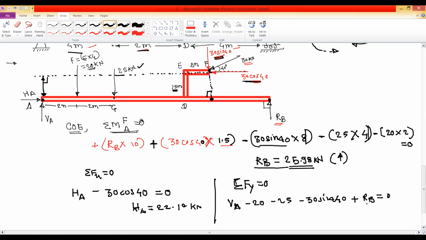So put the value of reaction Rb, that is equal to 25.98, and get the value of reaction Va. So reaction Va is 38.304 kilonewton, and it is positive. That's why reaction Va is acting in the positive y direction.